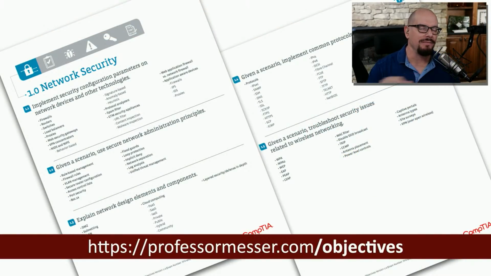All of the questions came directly from the objectives. You can find everything you need to know about the exam in these objectives. Go to professormesser.com/objectives for a link over to the CompTIA website, or you can simply type into your favorite search engine, CompTIA exam objectives. That's where you should go. That's one of the best places to have it.